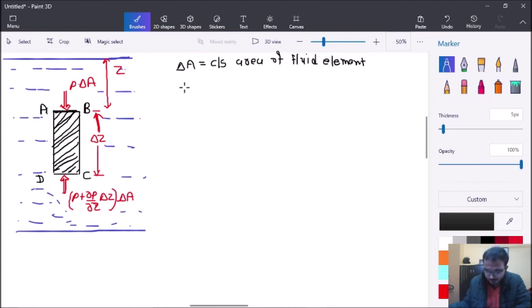Then delta Z is equal to height of fluid element.